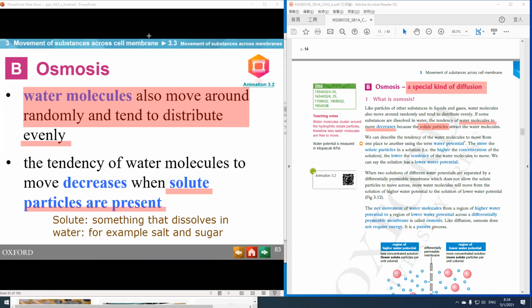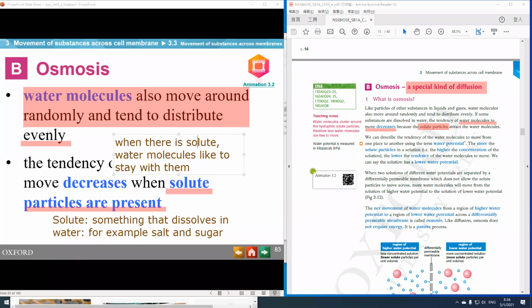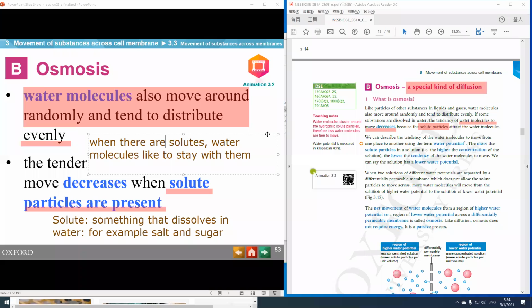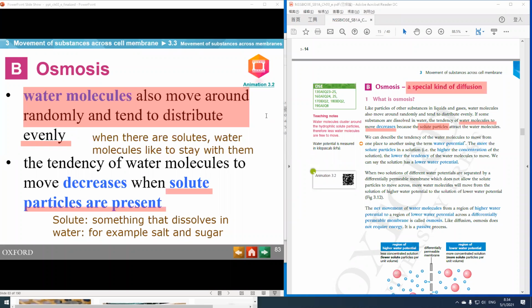That means, I simplify the words: when there are solutes, water molecules like to stay with them.